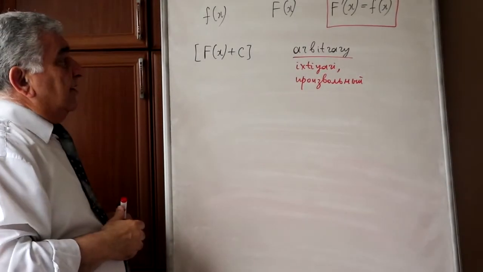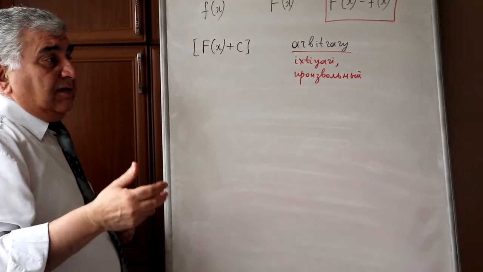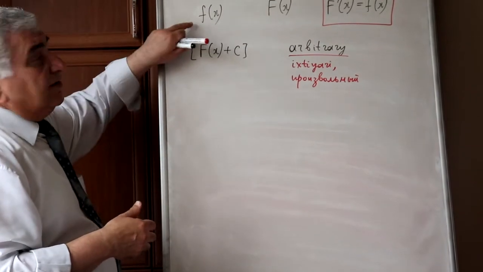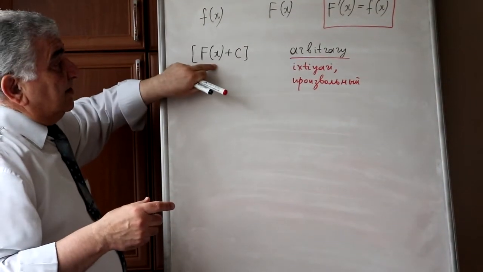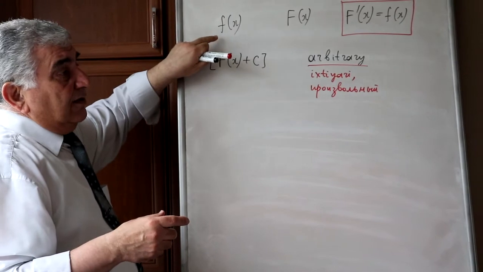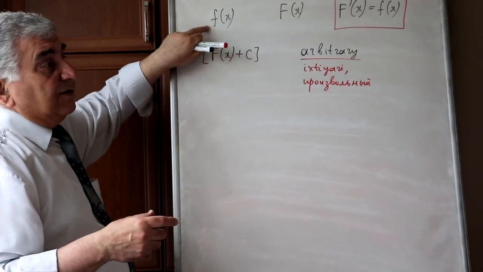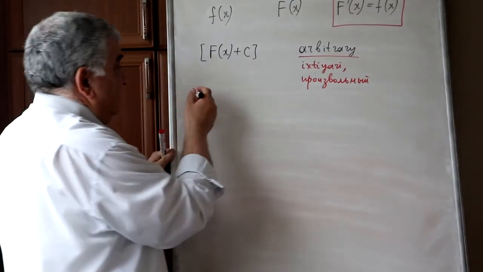Then the function f capital of x plus c is also the antiderivative of the function f little of x, because its derivative will give the f little of x itself.